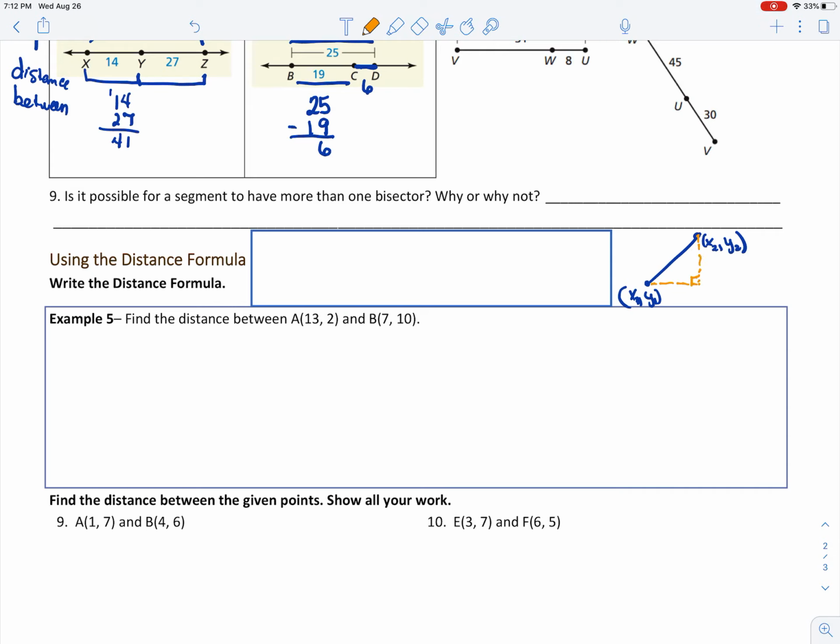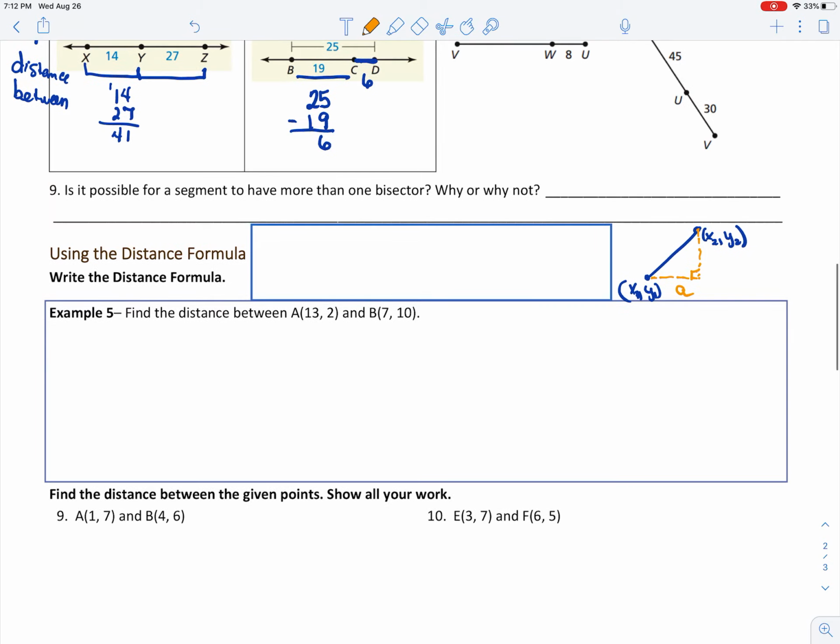So we need to know what is the horizontal distance, and so what's the difference between the x's, and what is the vertical distance, the distance between the y's, and then we can use Pythagorean's theorem to say a squared plus b squared equals c squared, or our distance. But because it's equal to c squared, we can simplify it and say I need to take the square root when it's all said and done.